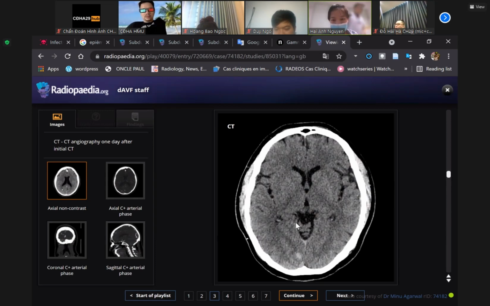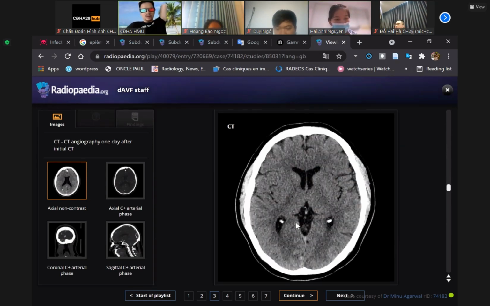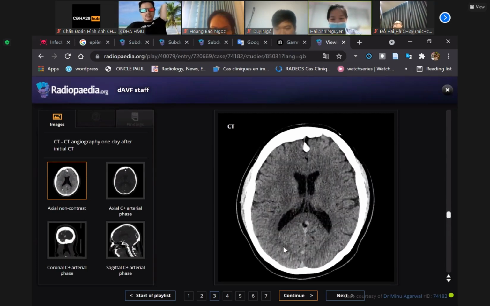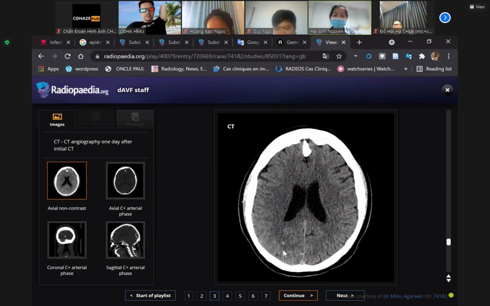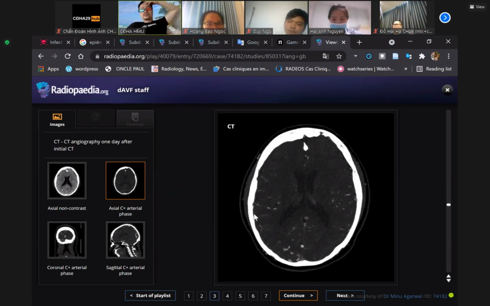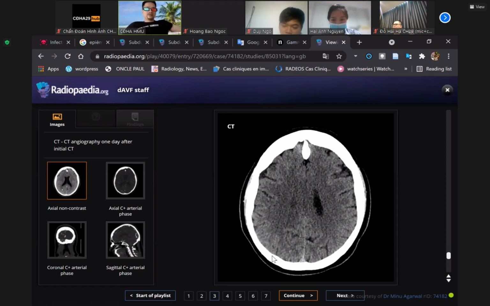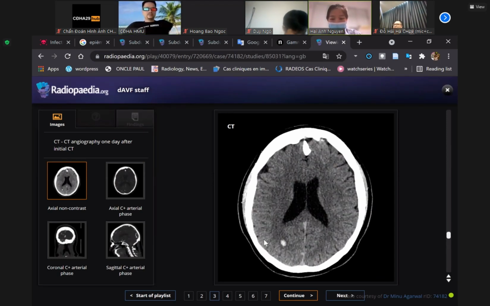Now take a look at the CT scan on the follow-up after 1 day. There is a hemorrhage, still intraparenchymal, next to the abnormal dilated venous structure, the dilated vessel.